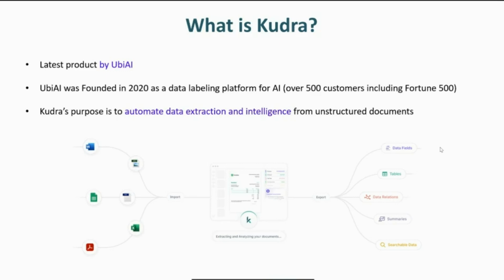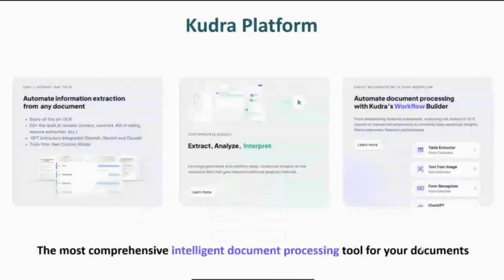The goal is to transform your unstructured documents into structured information that you can later on search or query with questions, and you get answers. So that is the idea behind Kudra. The platform has three main aspects.